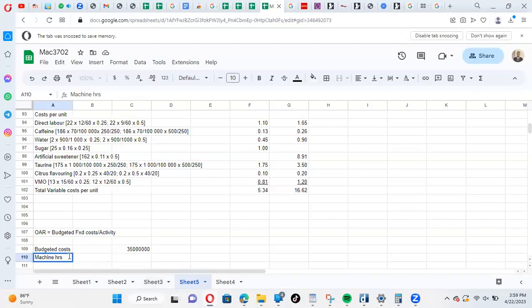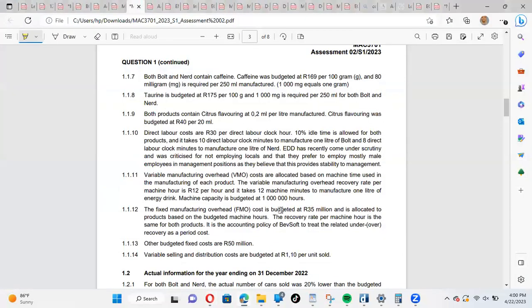So we need now the budgeted machine hours. Ne? Let's do a calculation. Based on the budgeted information, it's 12 minutes to manufacture 1 liter.